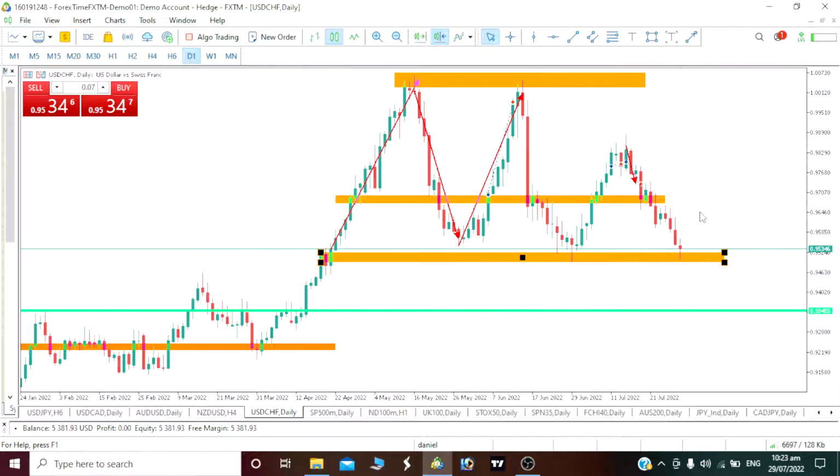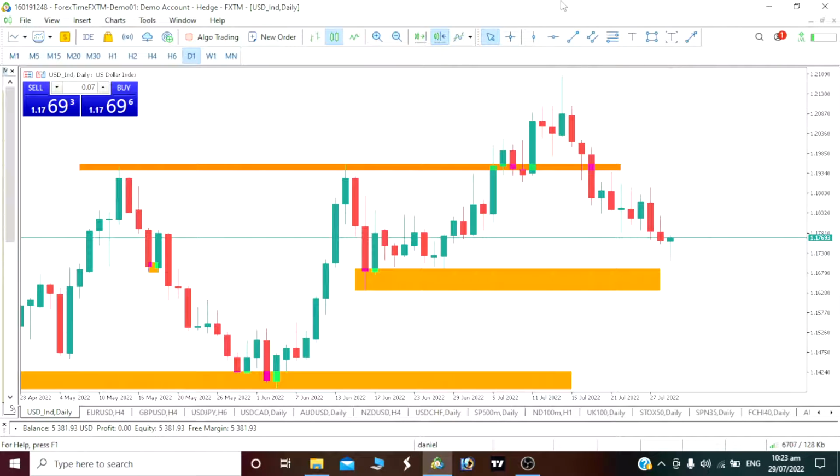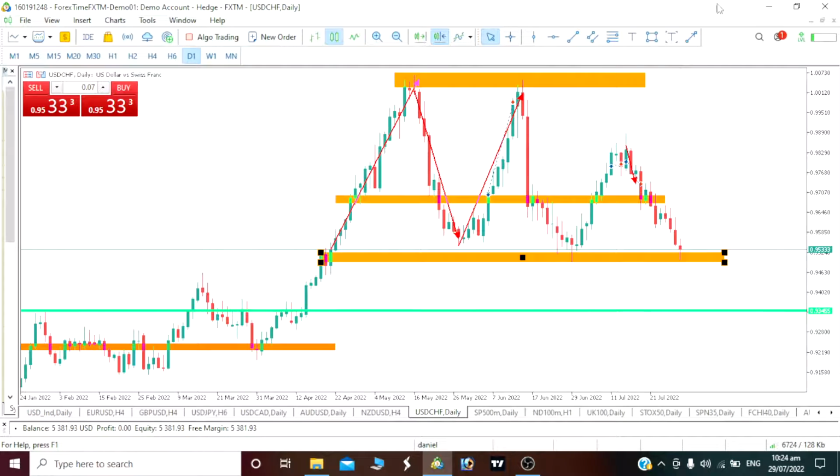So before we possibly see that bullish move, let's look at our USD index. We can see our USD index is actually falling, right? Until our USD index taps these lows here and then starts giving us that bullish move, that is when we will start seeing that bullish move on our USD Swiss franc.